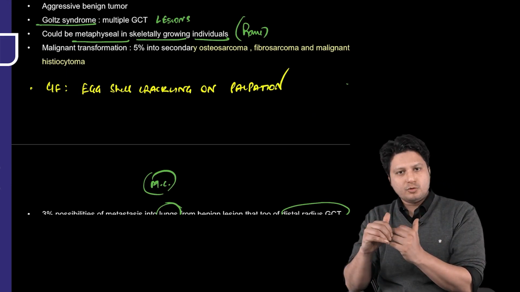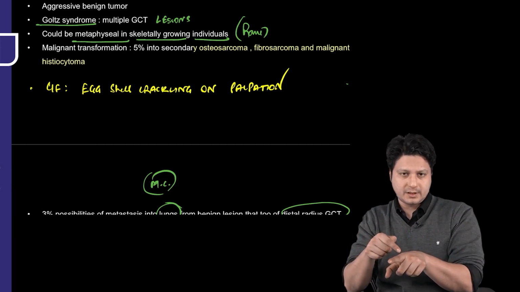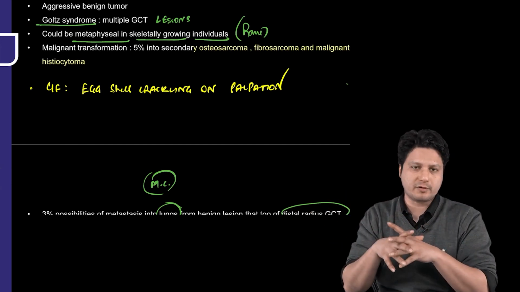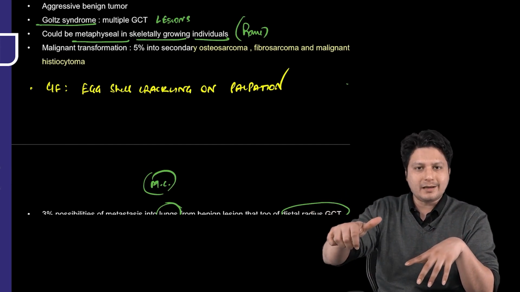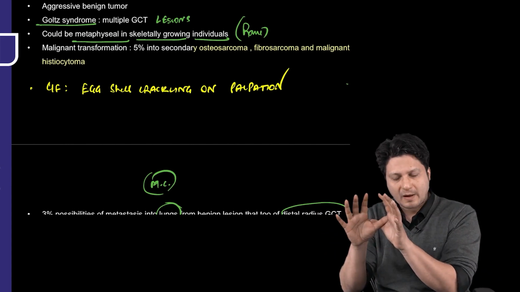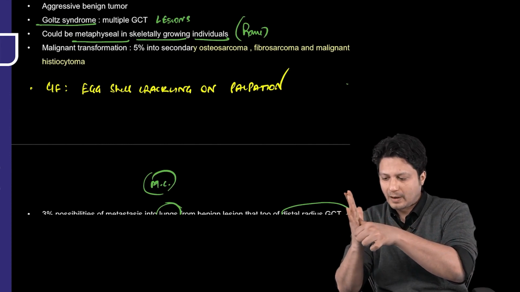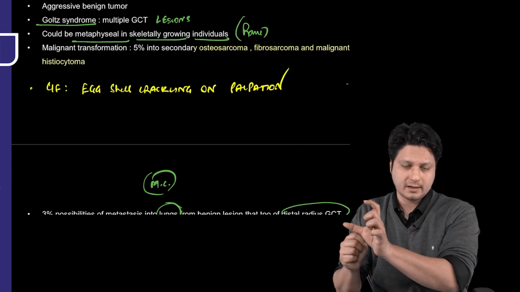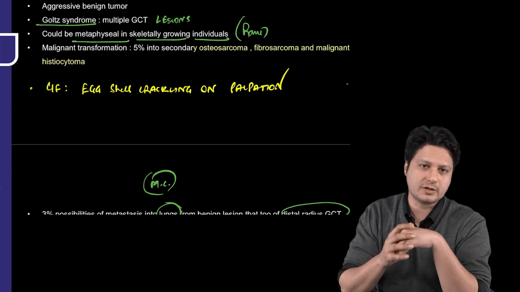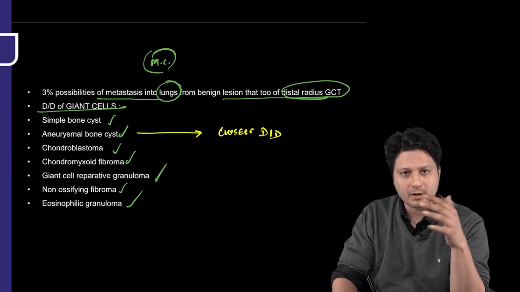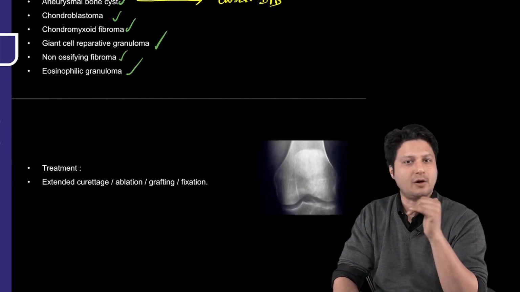If a patient comes to you who has GCT, and you are not aware that the patient is suffering from GCT, you are just palpating the swollen limb, the lesion over the skin. You feel as if you are palpating the shell of a cracked egg. This is a very important clinical feature of GCT that you have to remember on palpation: it feels like the shell of a cracked egg.